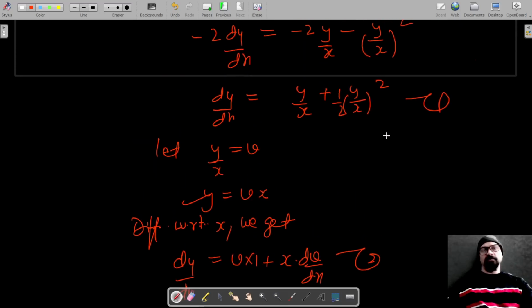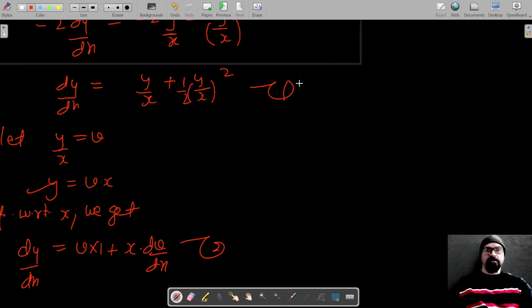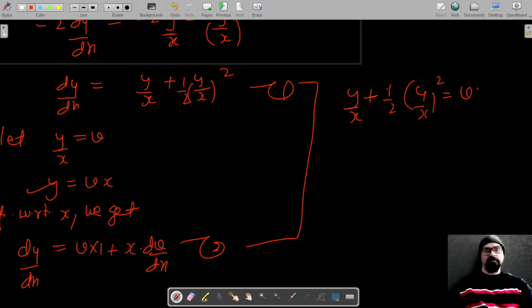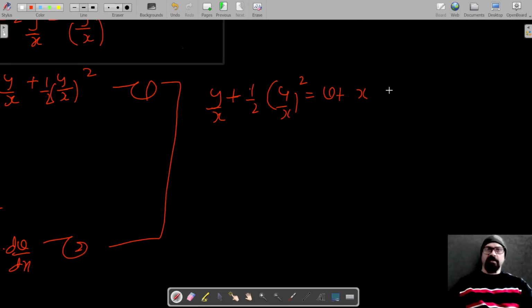Okay, this is equation 2, and if we equate these two equations, which gives me y upon x plus half into y upon x the whole square is equal to v plus x into dv by dx. Let's make a substitution here. This is v, this is half v square is equal to v plus x into dv by dx.